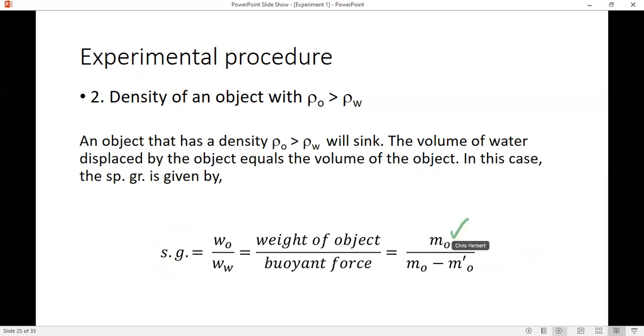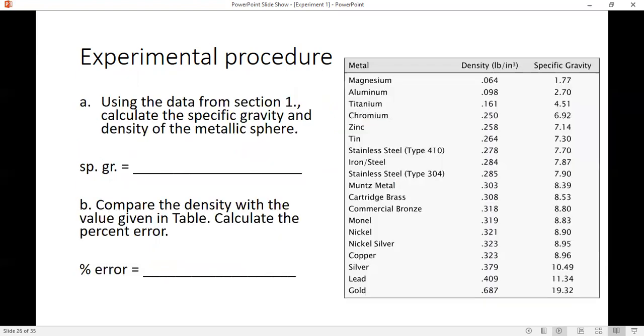So what was the original mass? What was the difference in mass? That'll give you the specific gravity. And you should compare whatever your calculation is to, since we used iron right here, 7.87 for specific gravity.